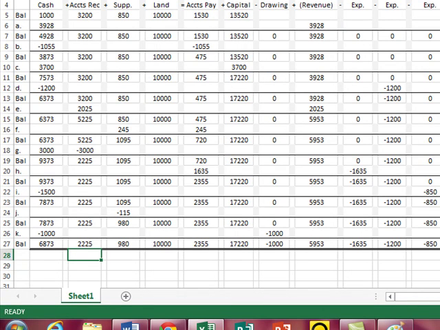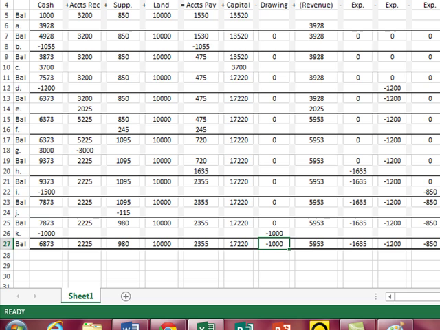So let's compare our balances to the balances that are on page 26. We have cash, $6,873. Accounts receivable, $2,225. Supplies, $980. Land for $10,000. Accounts payable, $2,355. The capital account has $17,220.